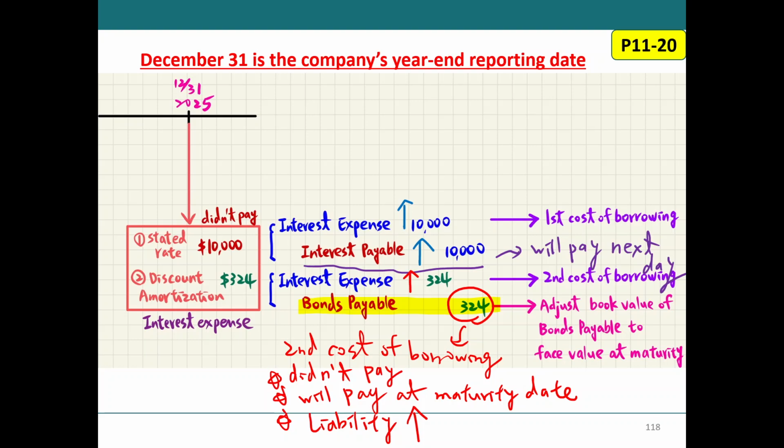So you can record it separately. First cost of borrowing, second cost of borrowing. But I just mentioned before, when same transaction occurred at the same day, you can combine together, okay? So two journal entries, you want to save your time, you can combine together, become one, okay? So you can combine these two, become one.